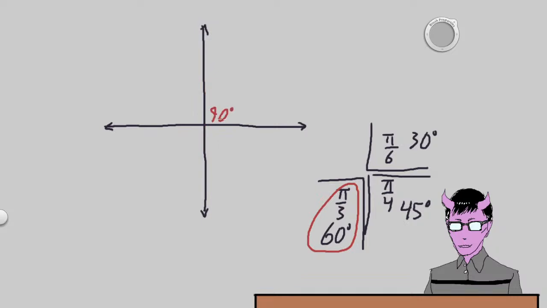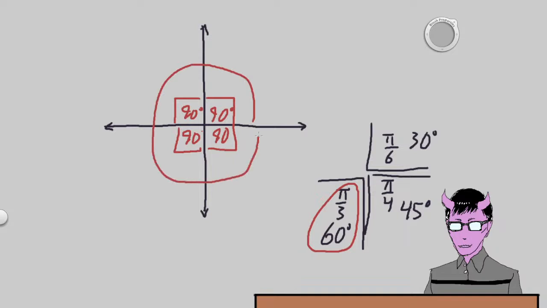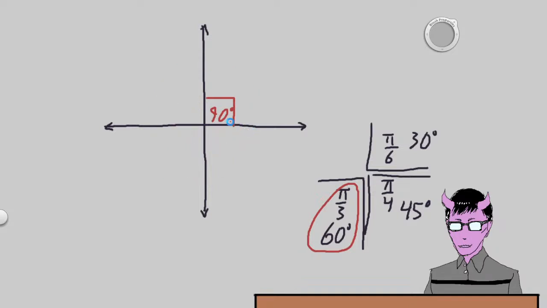That's 90. This one's 90. That one's 90. That one's 90. If you summate 4 times, if you do 4 times 90, that's 360 degrees. So one of these corners is 90 degrees.